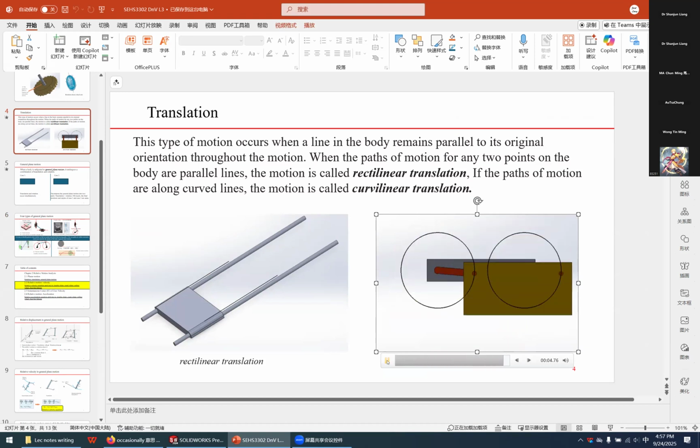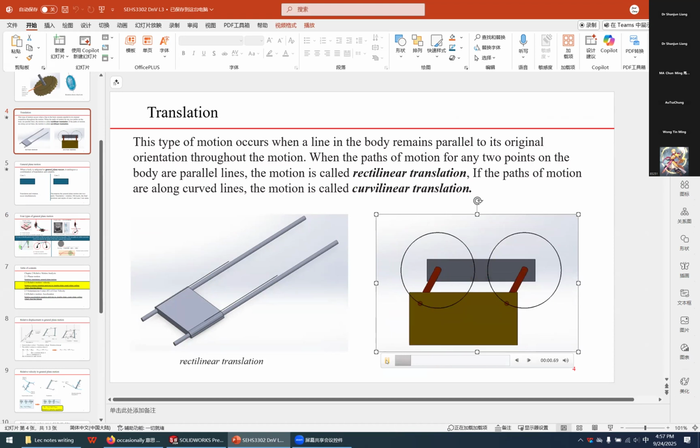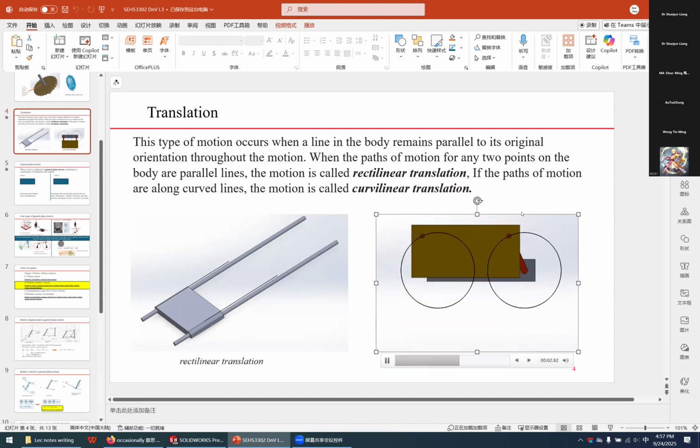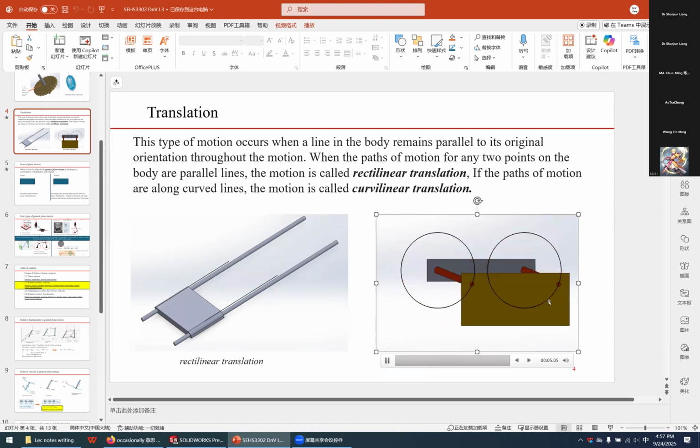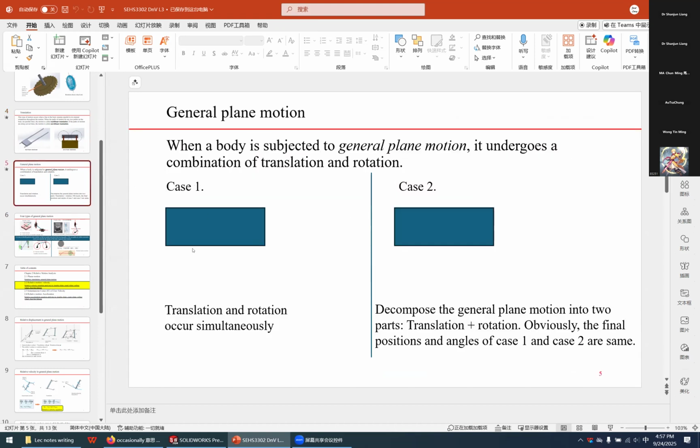As you can see, in such a motion, the rectangular plate is experiencing a translation.